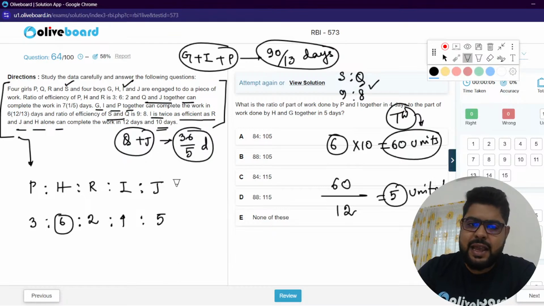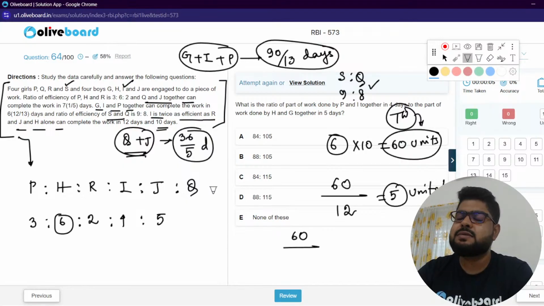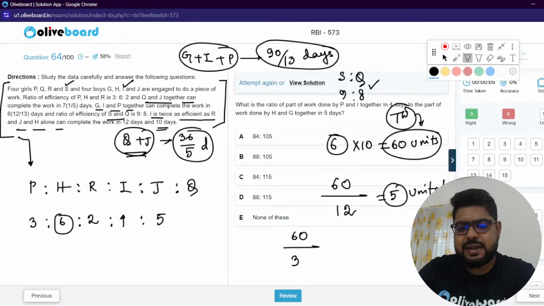Achha. Again sir, what about Q then? What will be Q's efficiency? Q plus J, I know the days. So total work divided by days is the total efficiency. 36 by 5, this 5 will go up. So it is 60 into 5 by 36. 6 sixes are this, 6 tens are this.